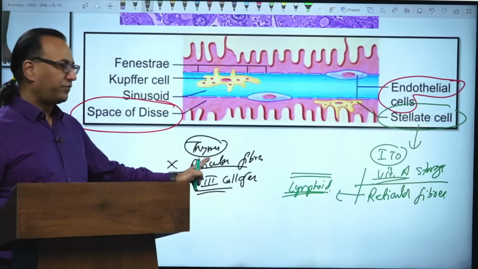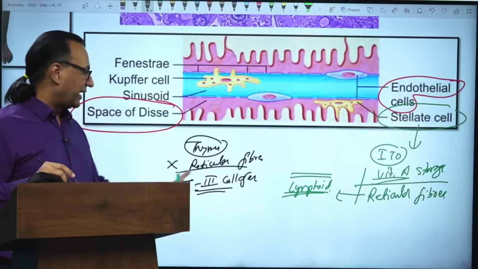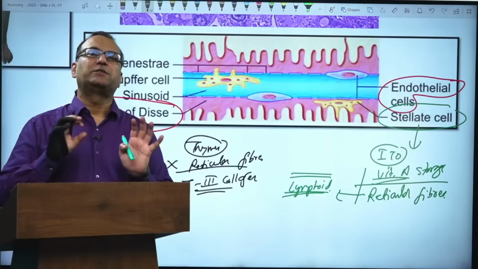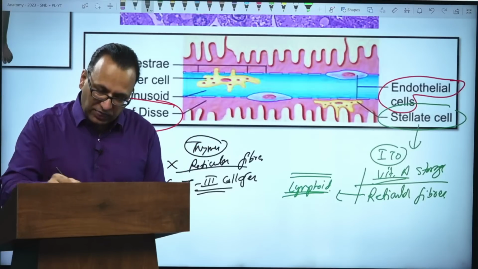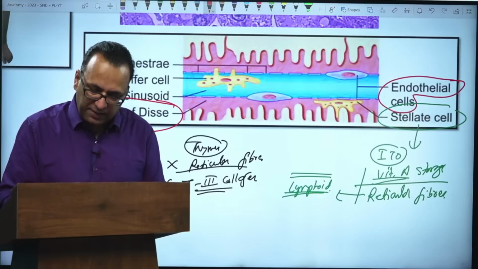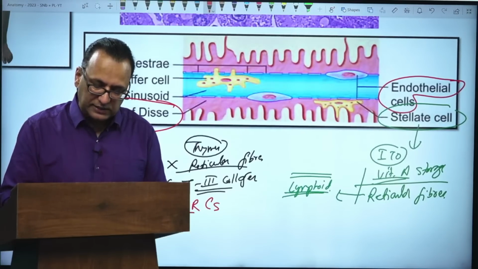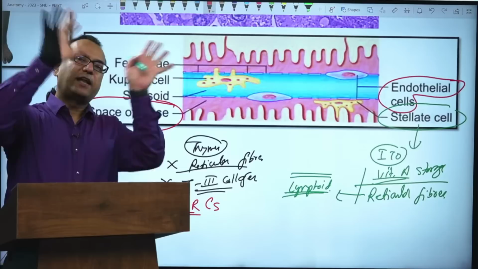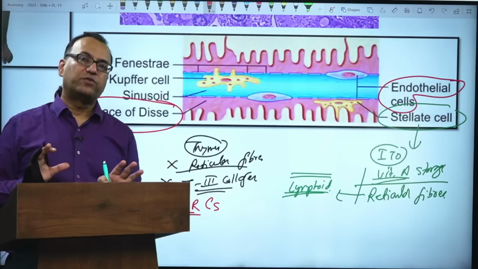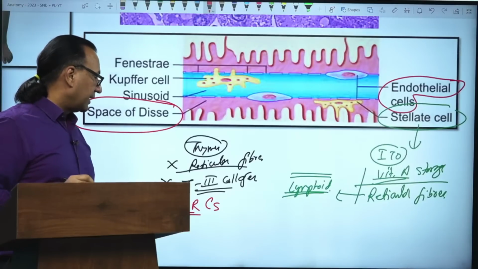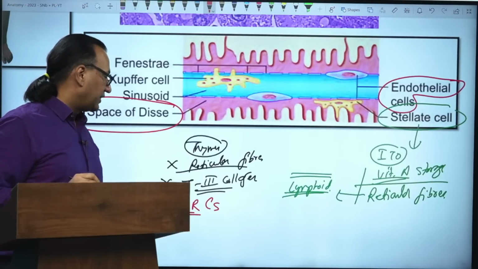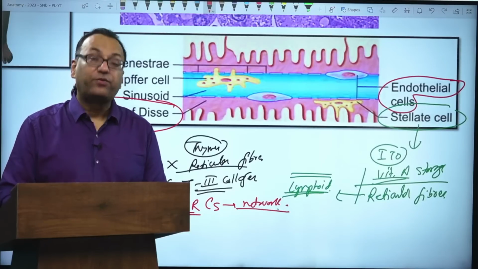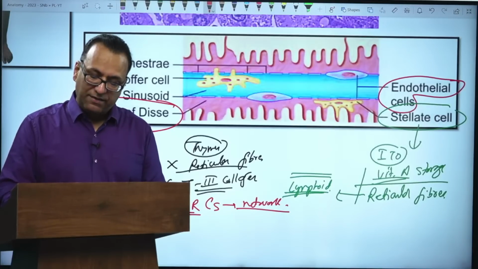So thymus does not have reticular fibers. Reticular fibers are type 3 collagen. But if they do not have reticular fibers, then how do they suspend the lymphocytes? Because thymus does have lymphocytes. In thymus, there is a special thing called thymic epithelial reticular cells. Thymic epithelial reticular cells form the network to suspend the lymphocytes, basically the lymphoblasts.